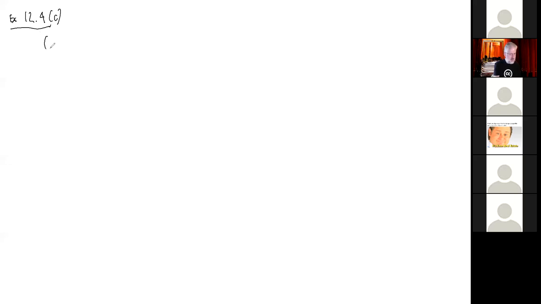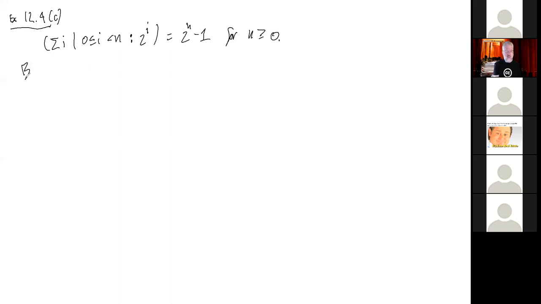So the claim is that the sum of i, 0 at most, i less than n, 2 to the i equals 2 to the n minus 1 for n at least 0.